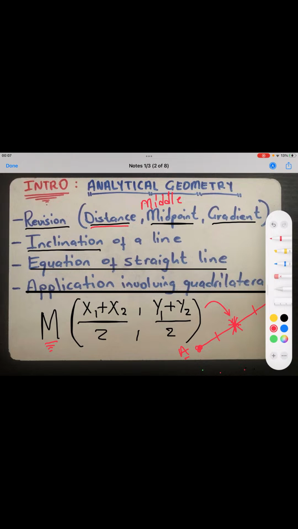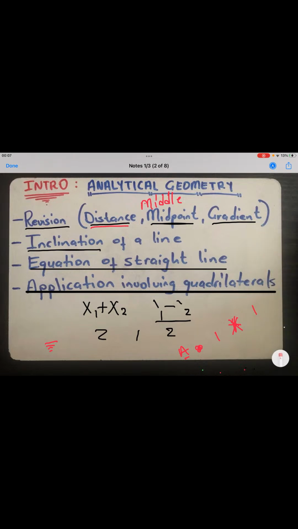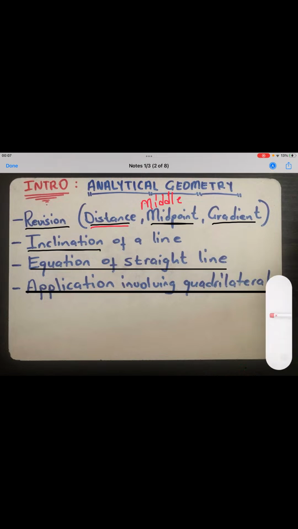So let's say that formula is what we use to calculate the middle point. So very quickly, let's discuss the gradient formula. Obviously gradient may be represented by a small letter m or otherwise g for gradient.